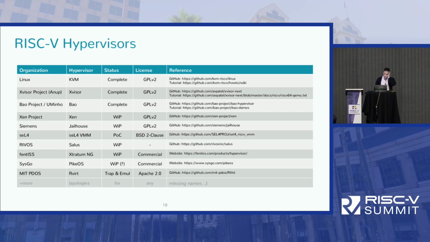Rivos is also developing this Salus hypervisor, mostly in the context of the TEE, the confidential computing work that is being done. There are also some commercial options that I believe are work in progress or near to complete.